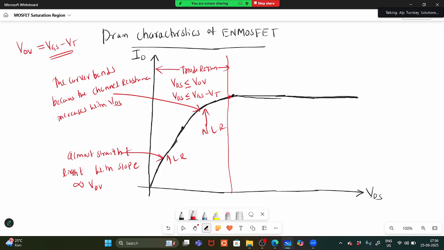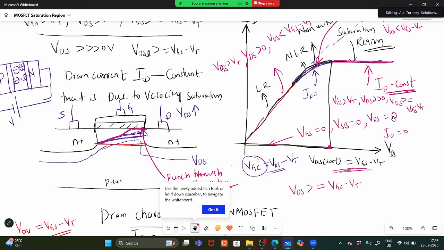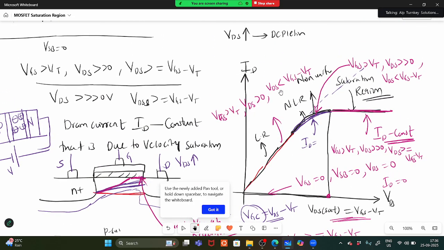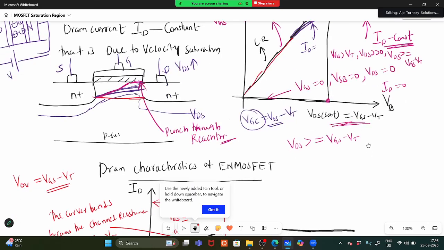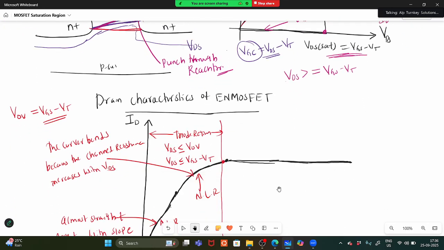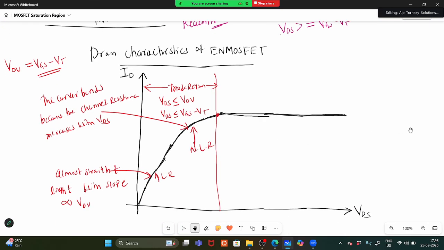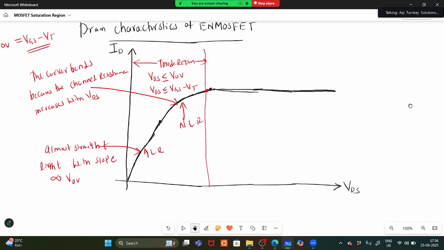So the linear and non-linear regions occur when VDS is less than VGS minus VT. At the pinch off point VDS is equal to VGS minus VT. From this, the triode region is up to this point, which is VDS sat.